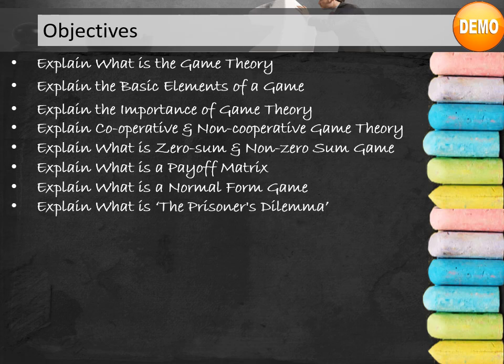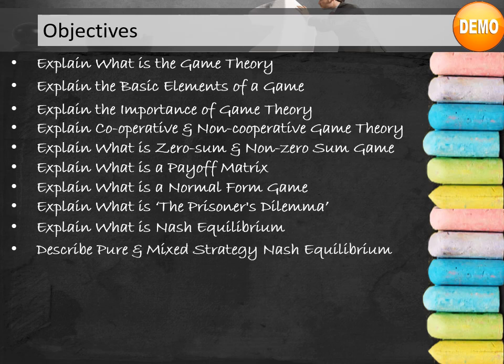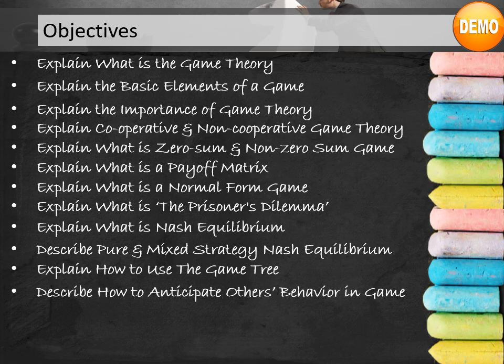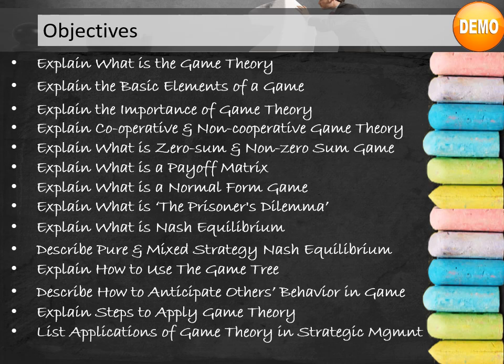Explain what is the prisoner's dilemma. Explain what is Nash equilibrium. Describe pure and mixed strategy Nash equilibrium. Explain how to use the game tree. Describe how to anticipate others' behavior in game. Explain steps to apply game theory. List applications of game theory in strategic management. Explain how managers can use game theory.